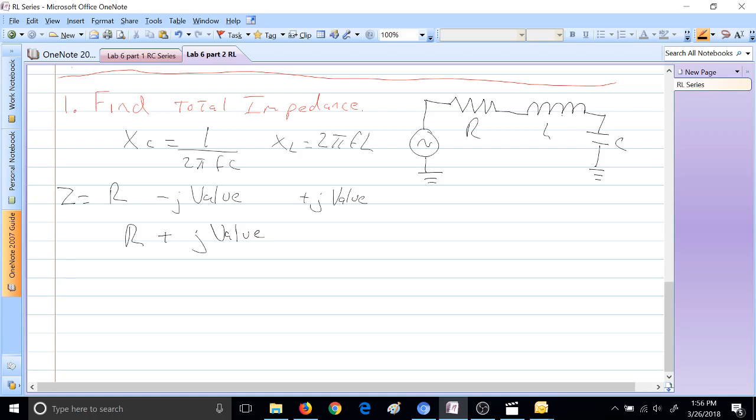So part 2, I'll write this in red. There we go. Part 2. What do we do with the simple RC and RL circuit? Using the given voltage, find current through the series circuit.